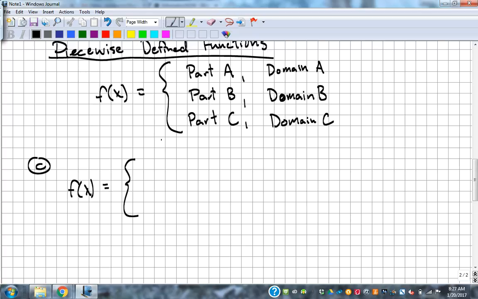And here are our parts. 3x plus 2, x is less than negative 2. 6, negative 2 less than or equal to x, less than or equal to 4. And then negative 2x for x is greater than 4. Okay.